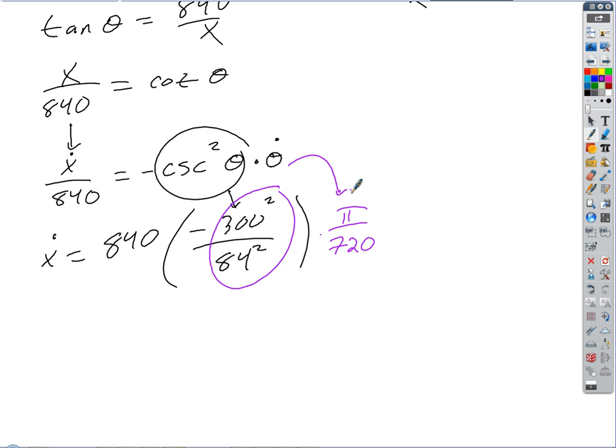So let's see, we get just a big number. So we could do this, right? And then we could do this, right? You don't have to, but just to make the calculation a little simpler.